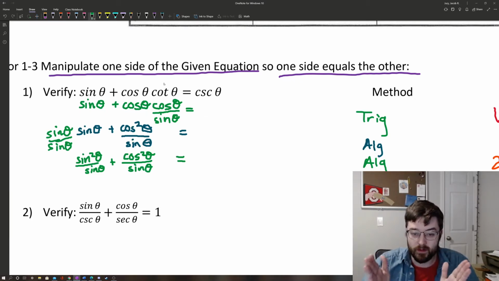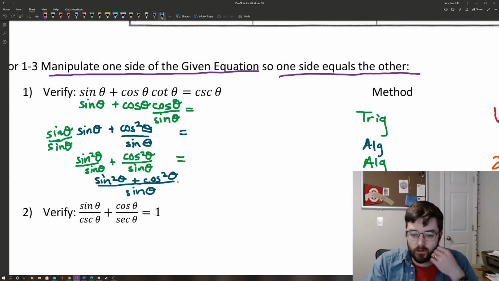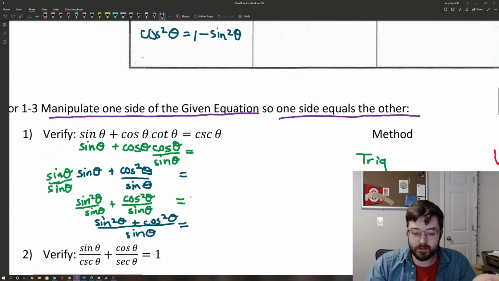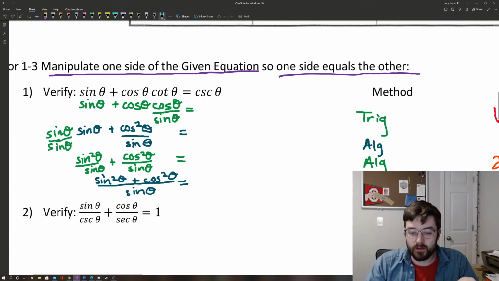And that would be combining my two fractions. So I'm going to have a sine squared theta plus cosine squared theta all over sine theta. So now I can see, there we go, another algebra step. Now I can see that, yeah, that is indeed my trig identity, sine squared theta plus cosine squared theta.